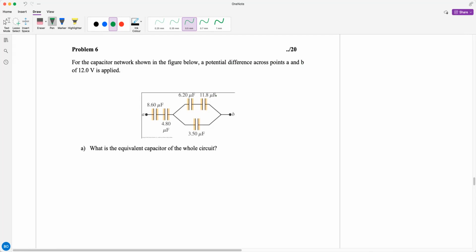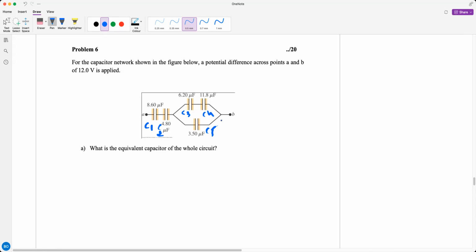If you have this kind of question, I would really like you to do the following. For any problem, you have to label the capacitors: this is C1, this is C2, this is C3, this is C4, and this is C5. What will be your first step?